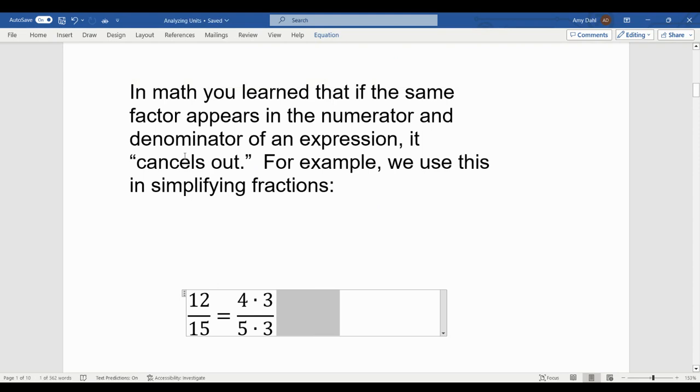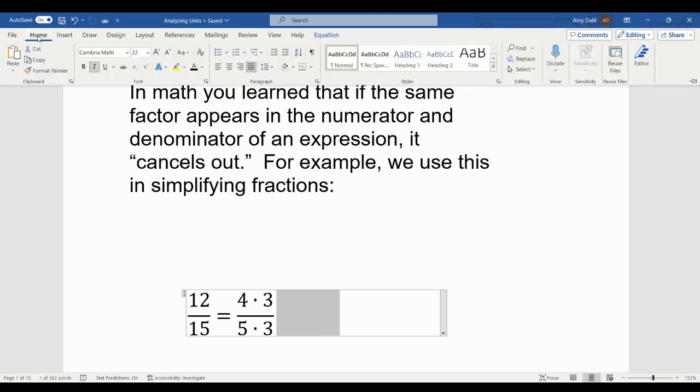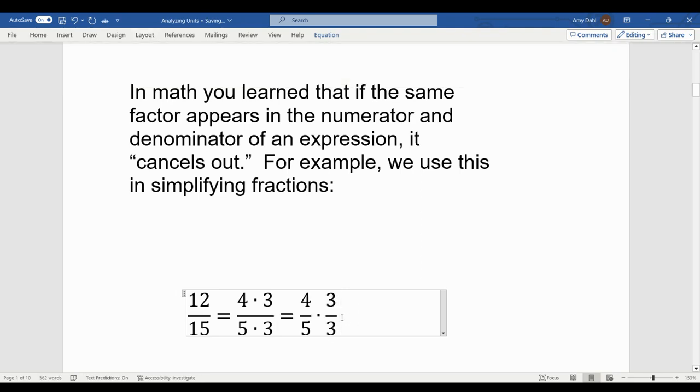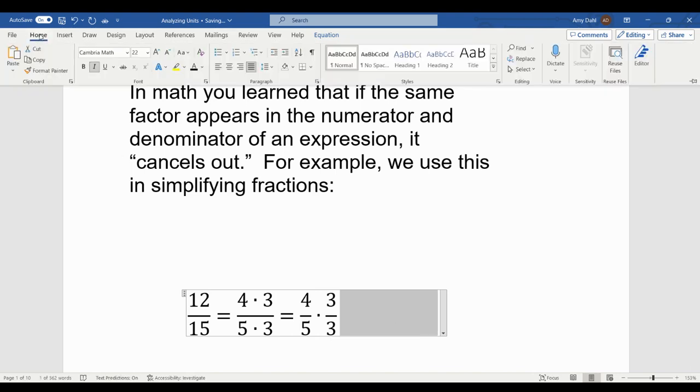And in turn, that becomes 4 over 5 times 3, making it into 2 separate fractions. But of course, 3 over 3 is just 1, and so we can finish up by replacing the 3 over 3 with 1. So we have 4 over 5 times 1, and our answer is 4 over 5.